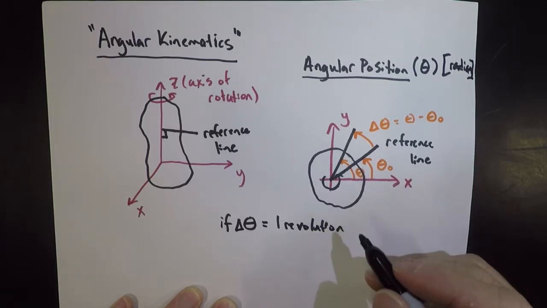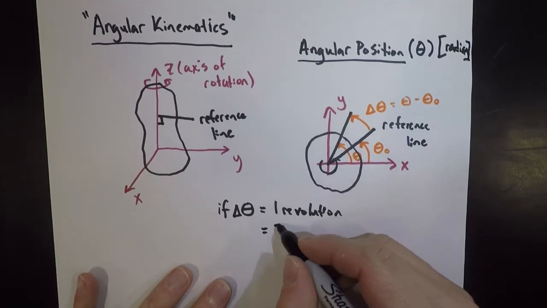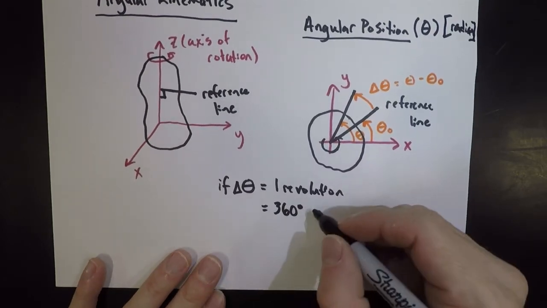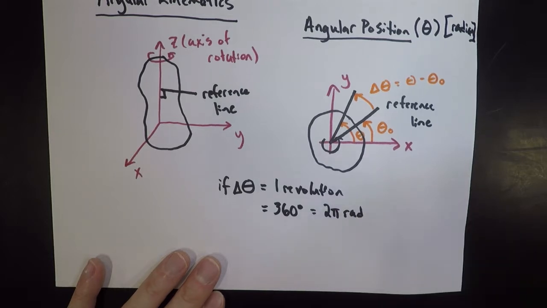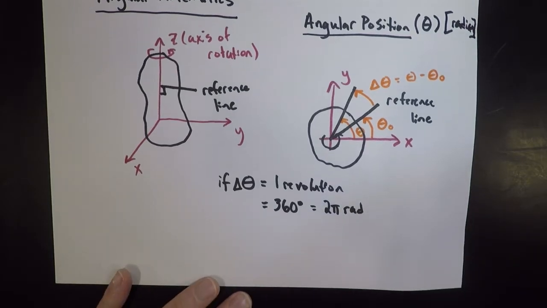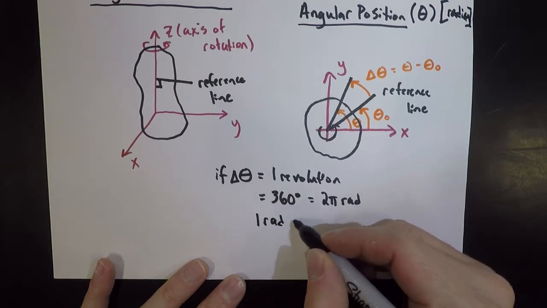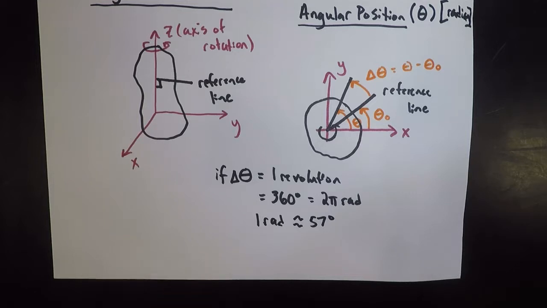It's going to rotate around once. So in degrees, that would correspond to 360 degrees of rotation. And in radians, that would match up with 2 pi radians. So each revolution represents 2 pi radians. And to convert between the two, 1 radian is approximately 57 degrees. So we can switch back and forth between them.